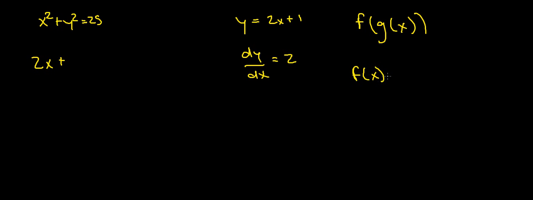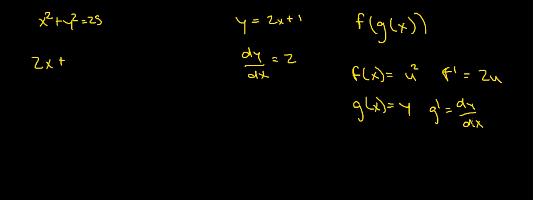F of x is equal to u squared, I'm just going to use u so I don't confuse myself with the x's and y's. And then I'm going to say g of x is equal to just y. So when I use the chain rule, it's the derivative of the outside, the inside remains the same.